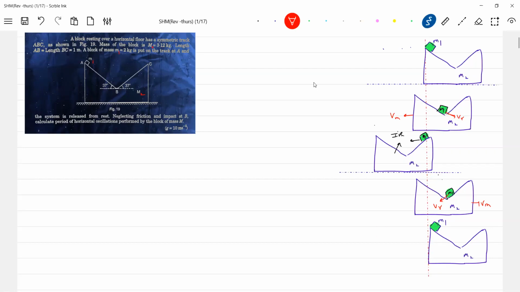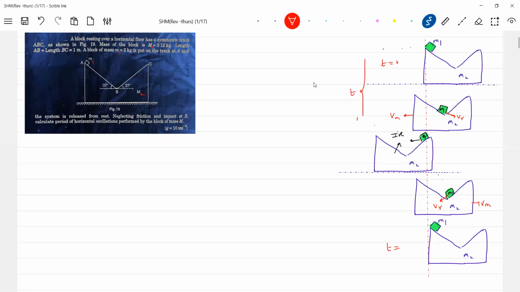Okay, no? This is T equals 0. And finally, this is, let's say, some time T. We'll do one thing. We'll write from that.